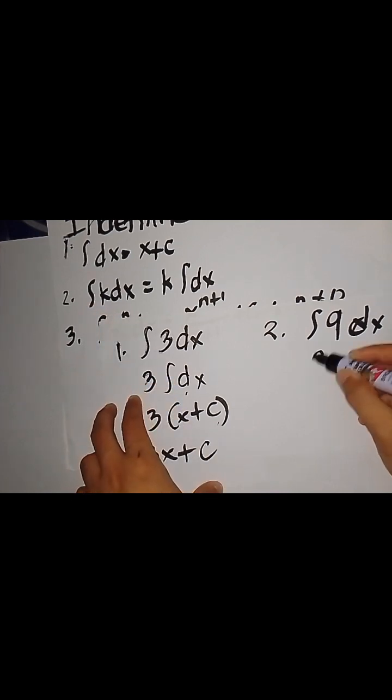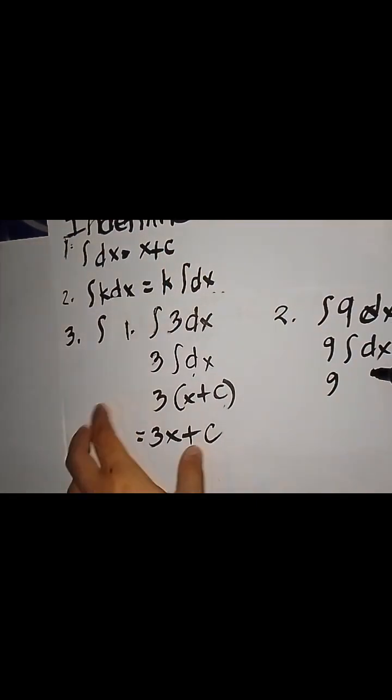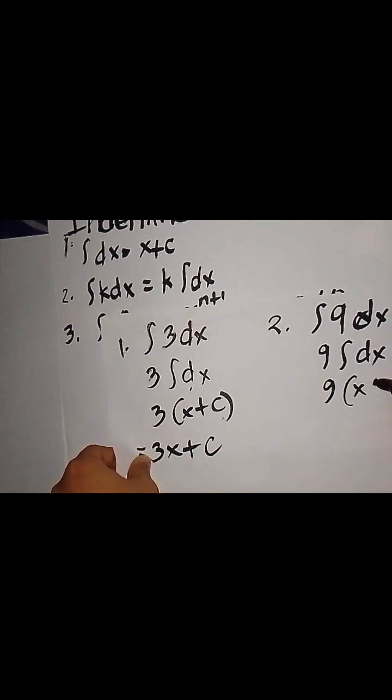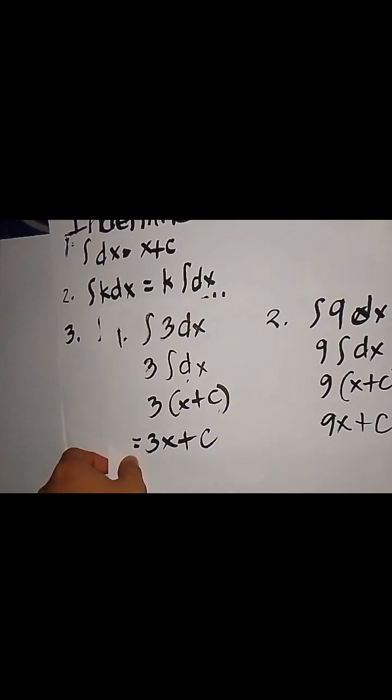So it is equal to 9 times the integral of dx. The integral of dx is equal to x plus c, so 9 times x plus c. Then the distributive property gives 9x plus c. That's how you will get the integrals for these two problems.